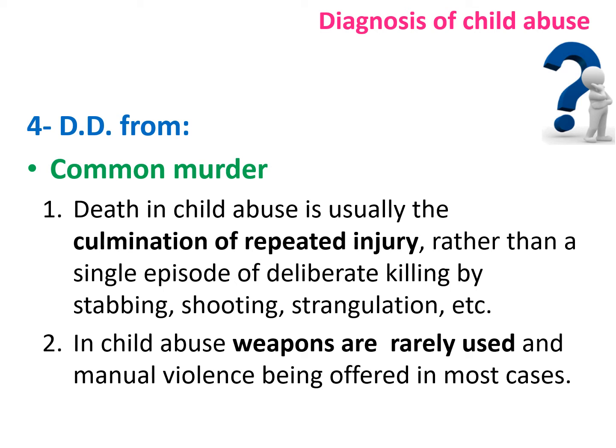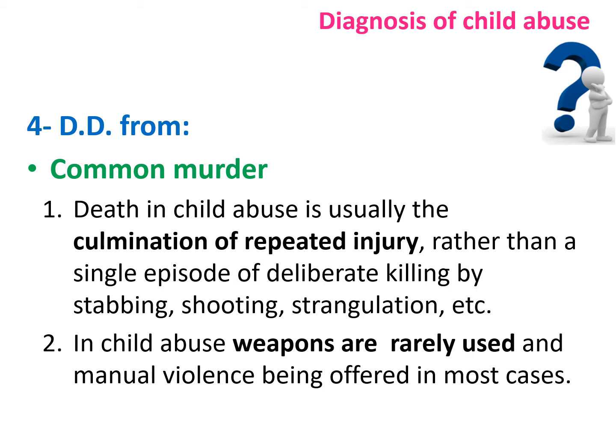Second, in case of child abuse, there are no weapons used, or weapons are used very rarely. Usually it is manual force or manual violence, and even if instruments are used, they are instruments that do not usually kill, like a stick or a belt.